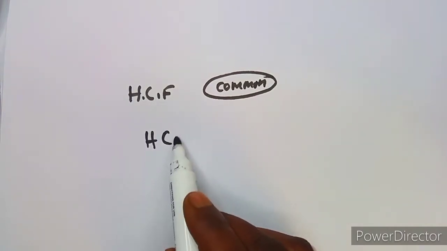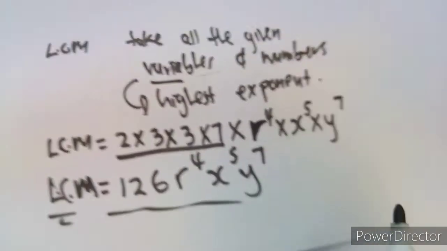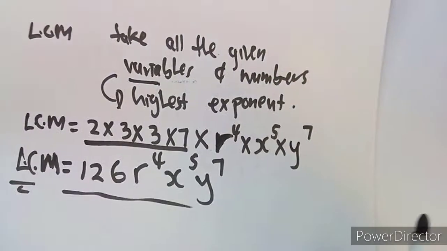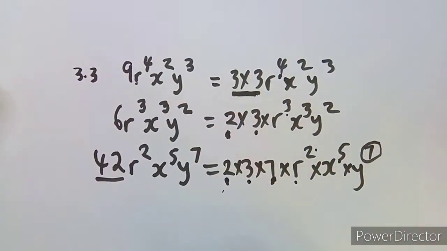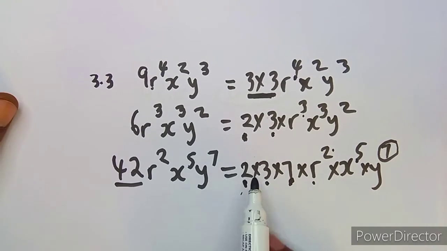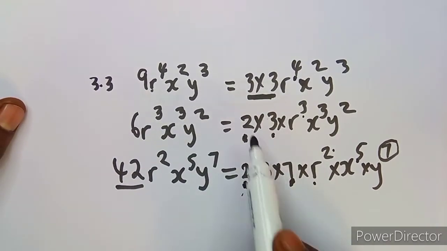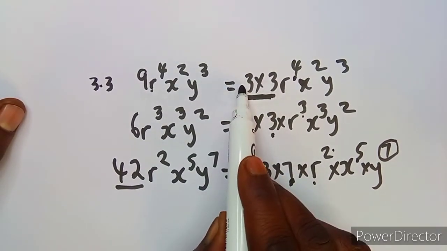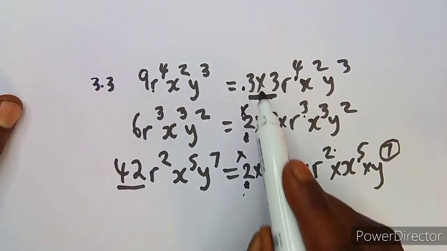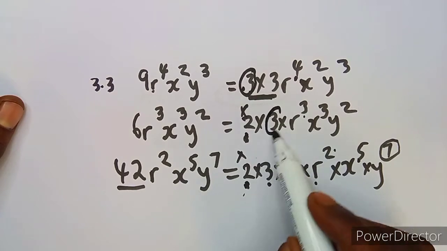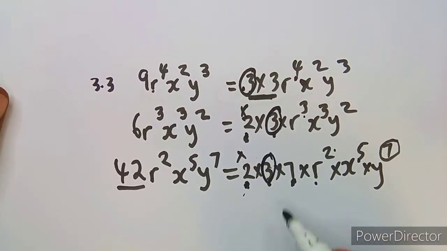Okay, so what is going to be the HCF? Let's start with the numbers. Where do we have those numbers again? Okay, we have them here. So let's start with the numbers here. 2 is not common. We have 2 here, we have 2 here, but here we don't have 2. So 2 is totally out. We can't take these 2. Okay, we move on to 3. We have got 3 here, we have got 3 here, we have got 3 here. So 3 is common.